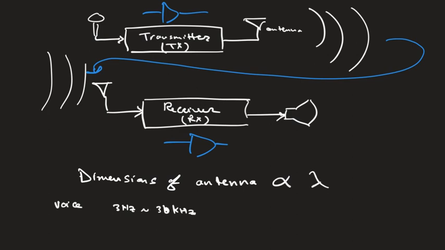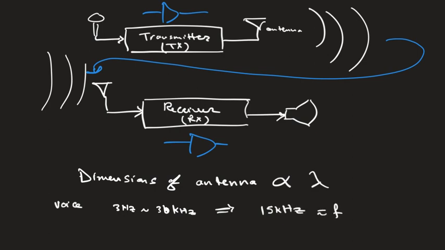That's the typical frequency range of voice that we can hear as human beings. So the signal that you are dealing with is between 3 hertz up to 30 kilohertz. If I take my nominal frequency of operation as the middle point, roughly this is going to be around 15 kilohertz, right? So I am operating at around 15 kilohertz as a frequency.